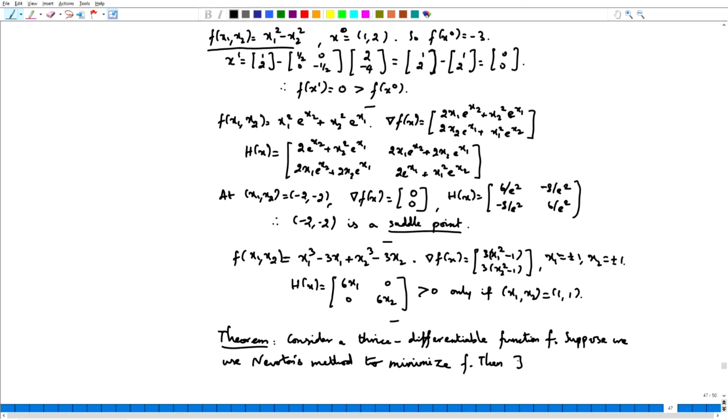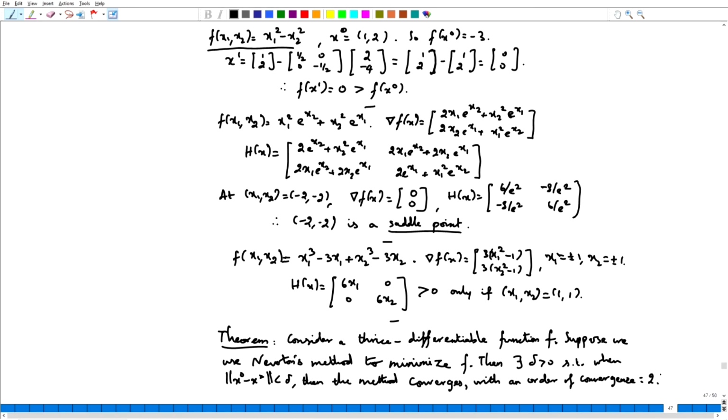Then there exists delta positive such that when norm x 0 minus x star is less than delta, then the method converges, okay, and converges with an order of convergence equal to 2, okay.